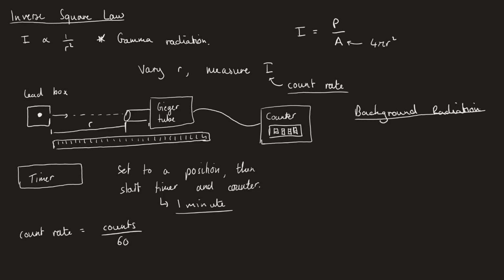For the background radiation, I'm going to have another Geiger tube, but I'm going to face it a different way, just to show that it shouldn't be pointed towards the same radioactive source.